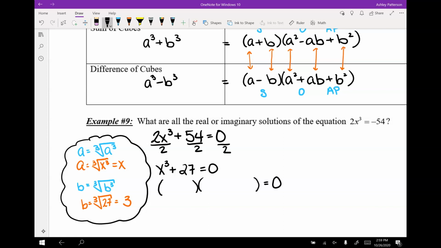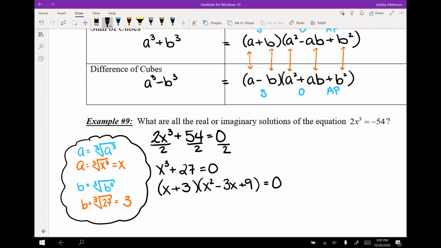It was a plus b, which is 3, and then a squared, so x squared, a times b, so 3x, and then b squared, so 3 squared is 9. We did a good job there. Then we need to remember to SOAP. It's the sum of cubes, so same, opposite, and always positive.